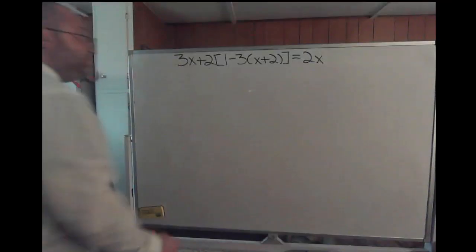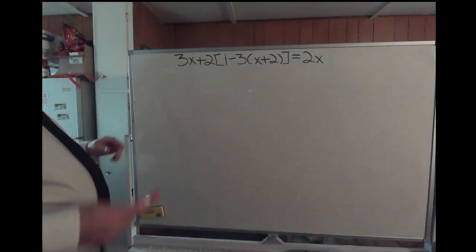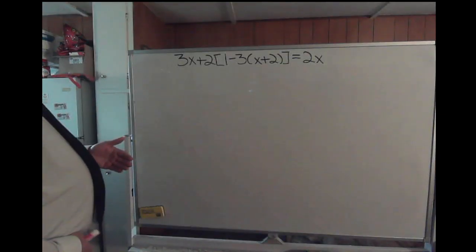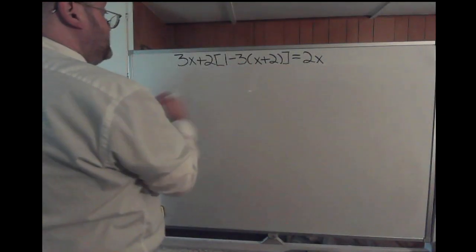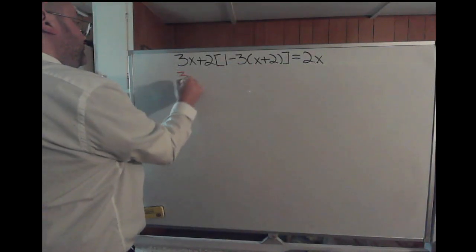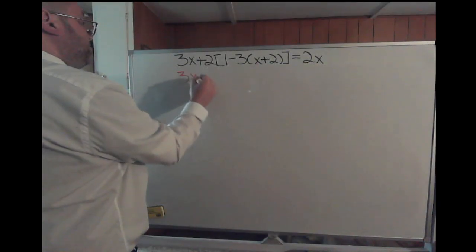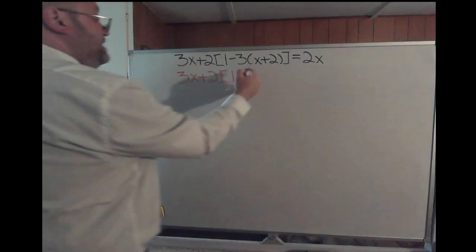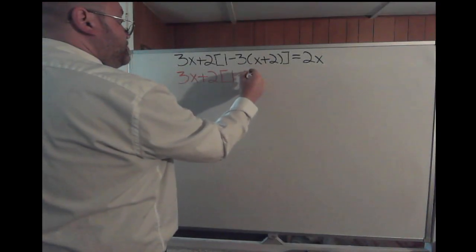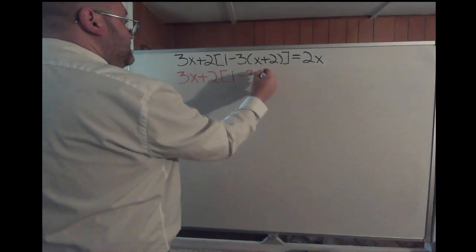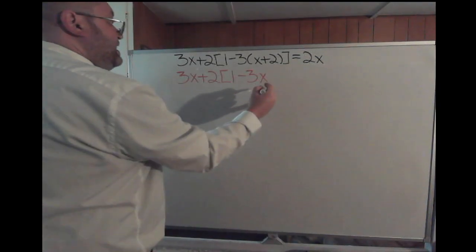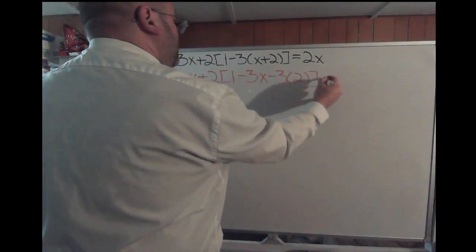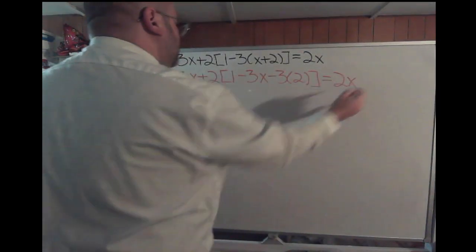This almost goes back to what we were doing yesterday. So again, order of operations dictates you start in your innermost parentheses. So the left side, you'll just have that 3x hanging out there, plus 2 times your bracket of 1, minus, now distribute that 3 times x, you'll have minus 3, which would just be 3x, then you'll have minus 3 times that positive 2, all that equal to 2x.